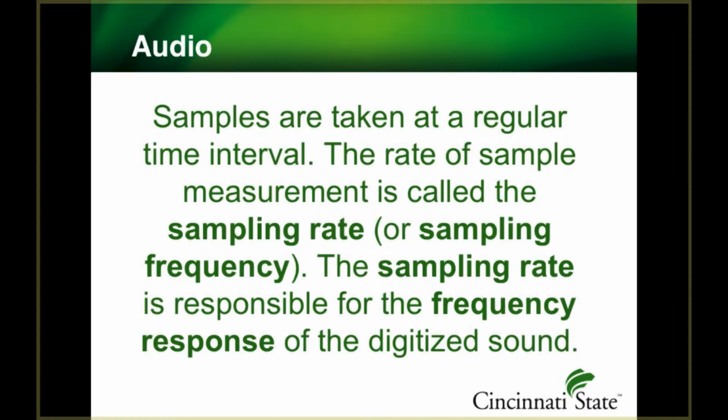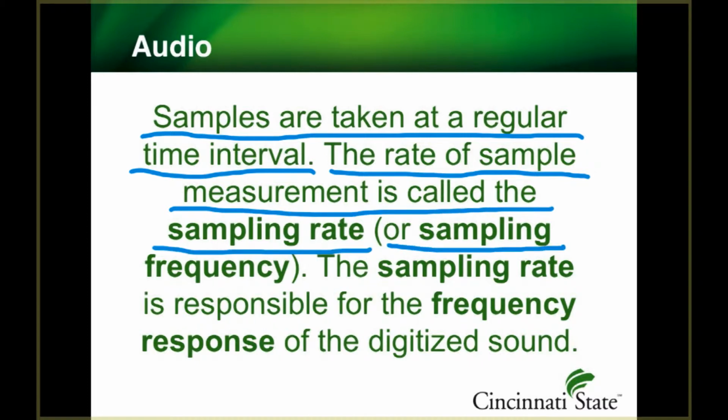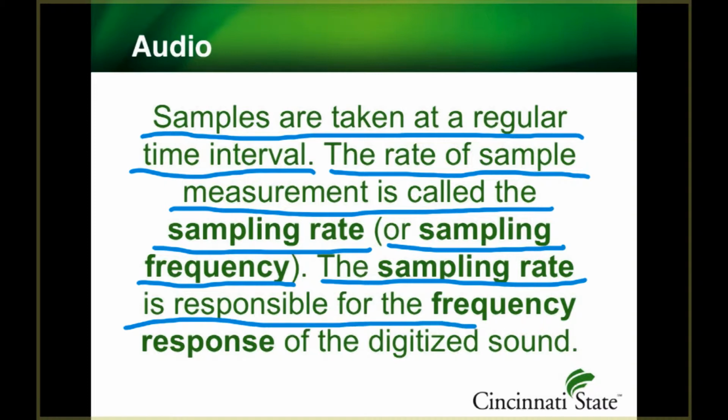All right. Now, samples, as we know, are taken at a regular time interval. The rate of sample measurements is called the sampling rate, or sometimes the sampling frequency. The sampling rate is responsible for the frequency response of the digitized sound.